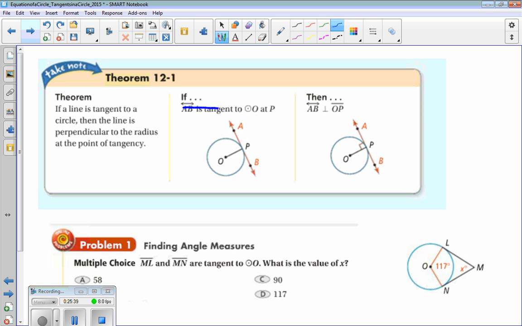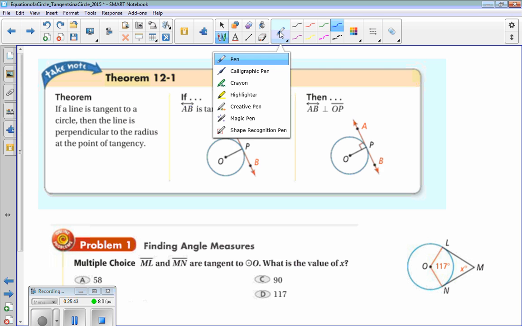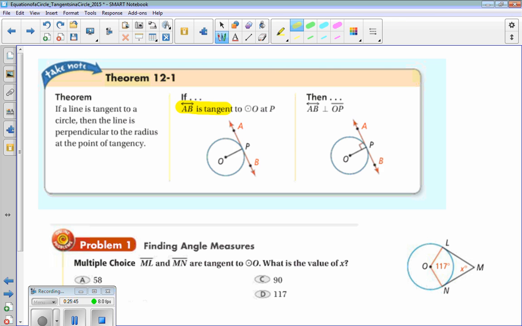basically, if a line is tangent to a circle at a point, so you want to write this part down, remember what the point of tangency is. It's the place that the line touches the circle.